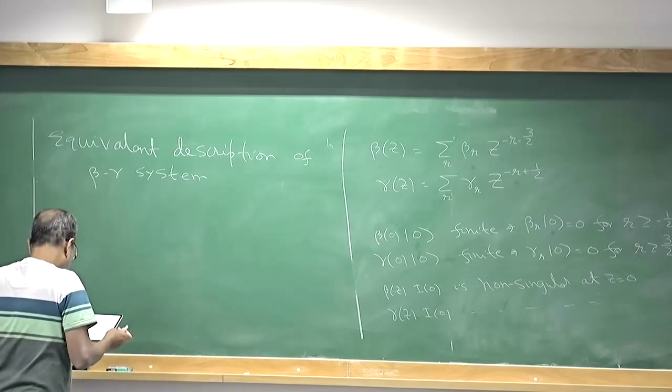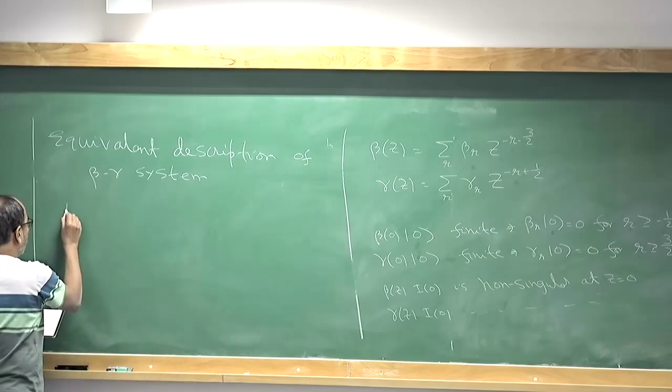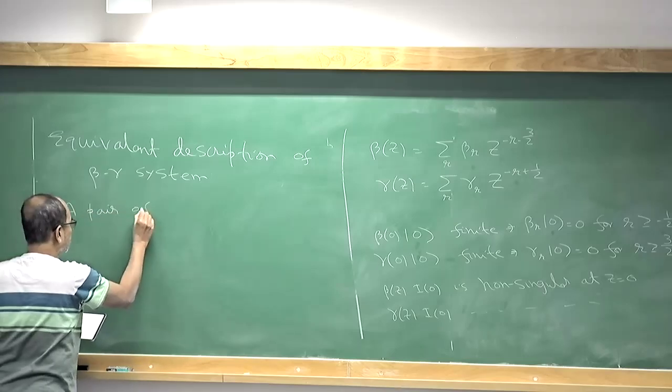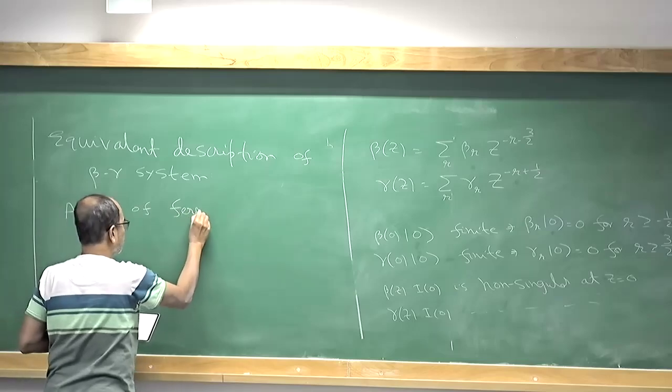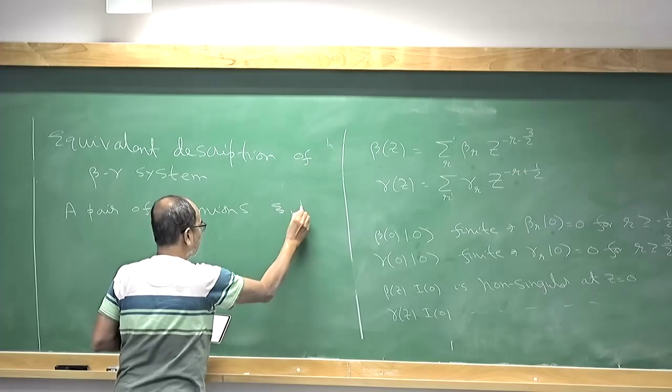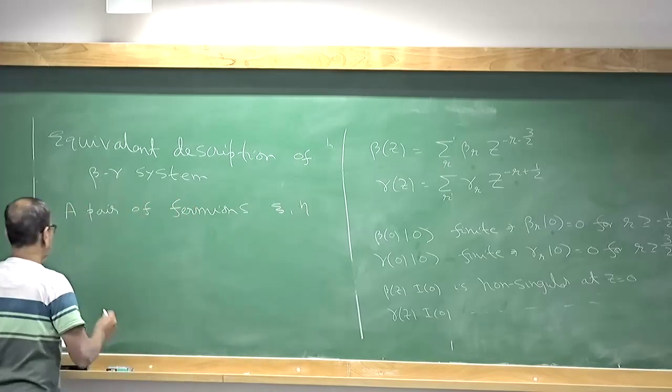And this is a pair of fermions xi, eta, and a scalar phi.